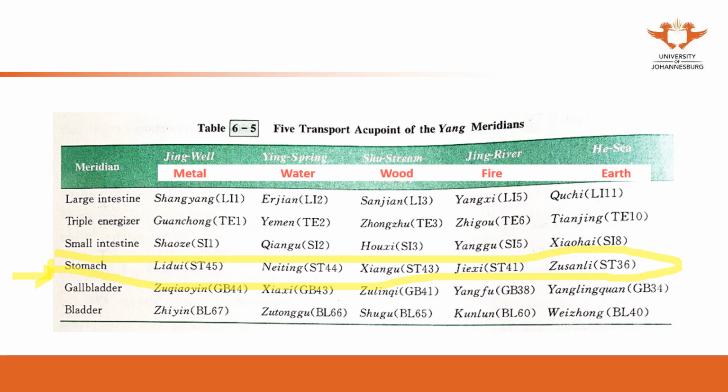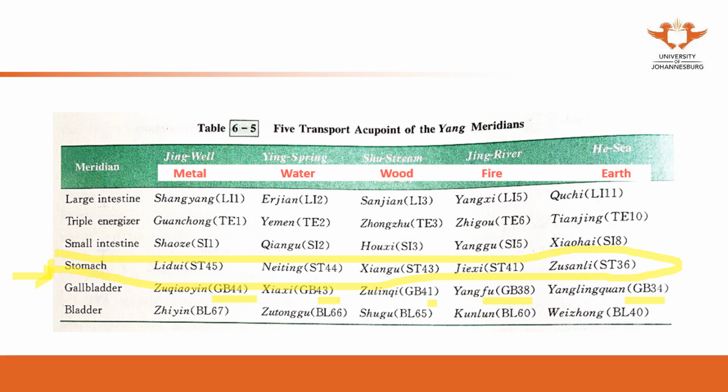During your test or during your practice, if you don't remember the exact number or the points, you can always write down this order on your paper, and then you will choose. For example, if you remember GB44 is the Jing well point, then 43, 41, 38, 34.